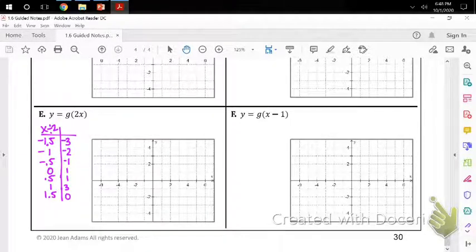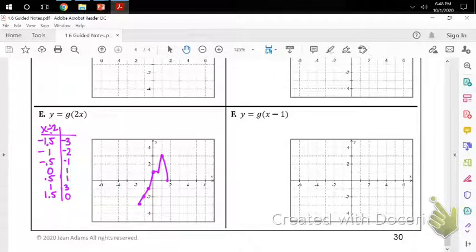And then graph this. So it's a very squished in picture of our graph.